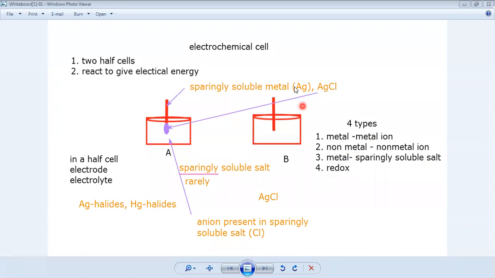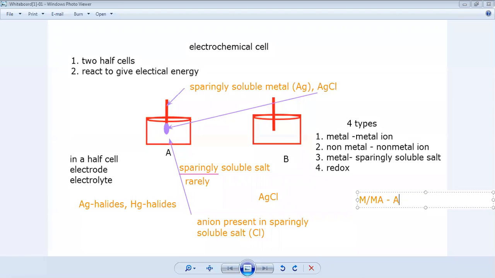So if we want to abbreviate this, there is the metal, which will be in contact with the metal, and an anion which will be in contact with the anion in the solution. Understood this?